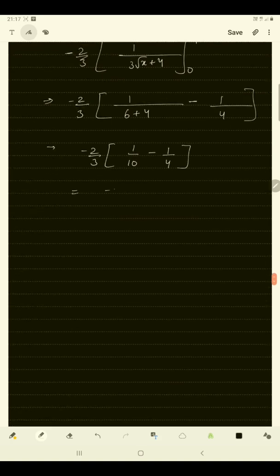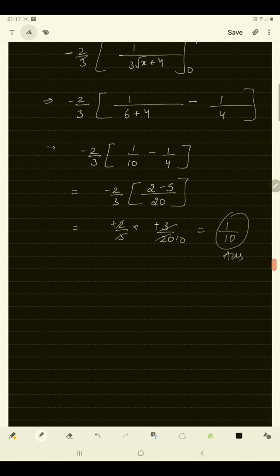Solving this further, we have minus 2 by 3 into 2 minus 5 upon 20. So we get minus 2 by 3 into minus 3 by 20. These terms get cancelled and we are left with 1 by 10. So this is our final answer. Thanks for watching.